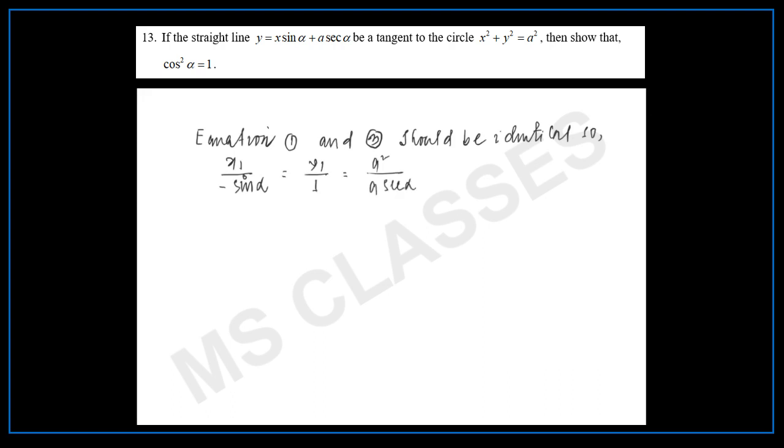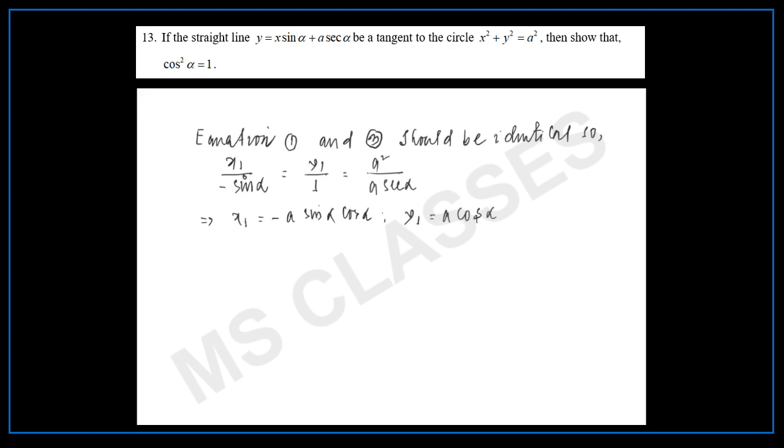Now from this we simplify and we get x1 equal to minus a sine alpha cos alpha and y1 we get as a cos alpha.